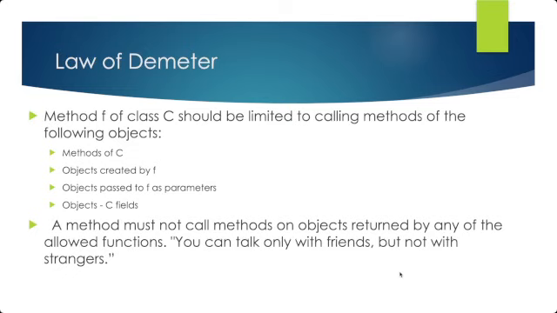The law of Demeter has a very formal list of rules, and you can read it: some method of a class can call methods only of the following objects, like the methods of the same class, objects created by this method, objects passed as parameters, and objects which are fields of this class. But only these objects, and that's all.